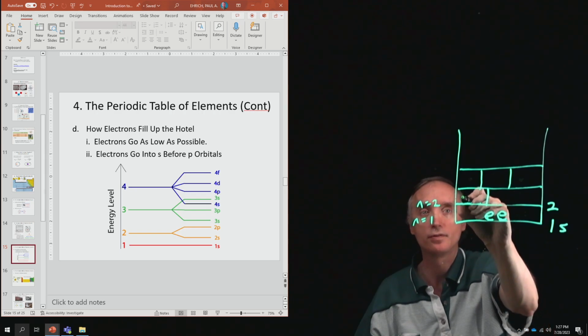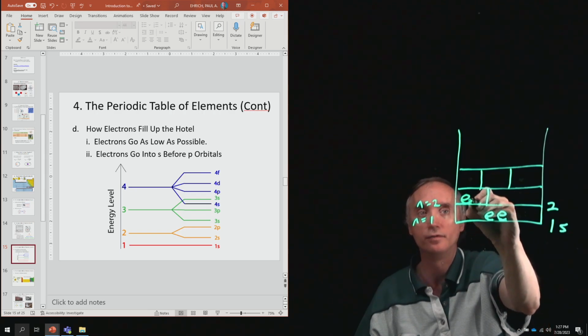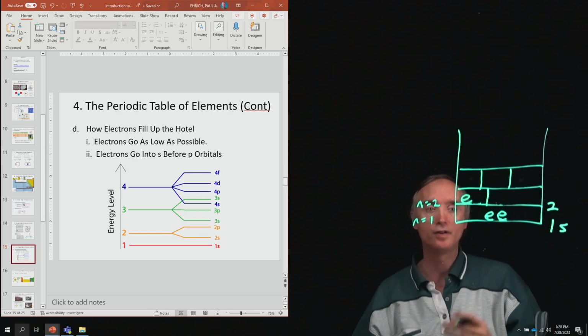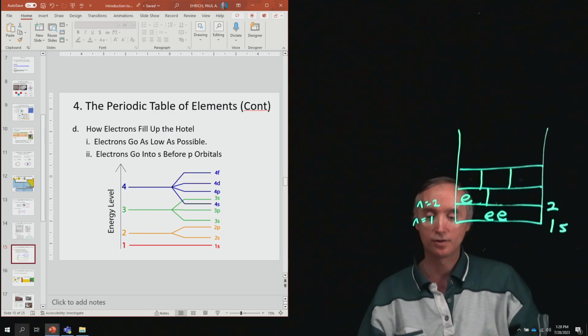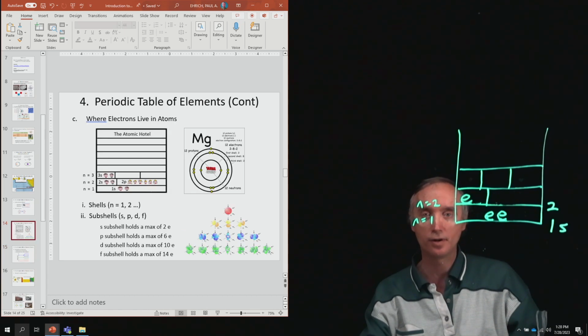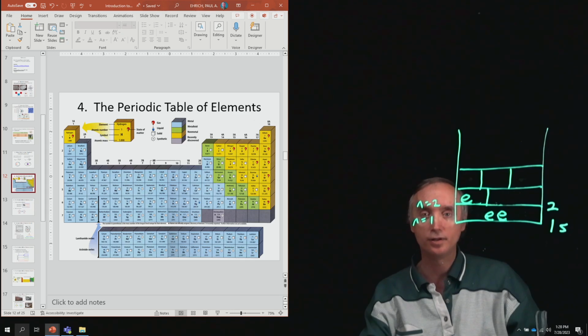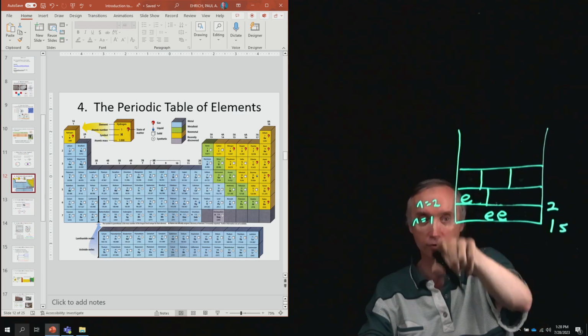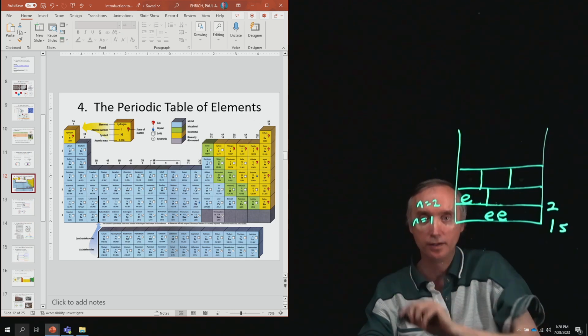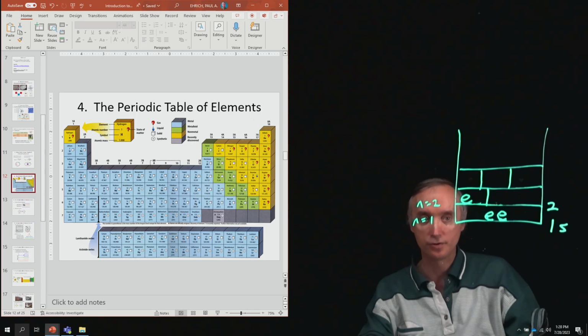So that means that the third electron is going to want to live there, and now we've got lithium. And so lithium, if you look back at your periodic table, is now still in that first column, and it's directly underneath hydrogen.